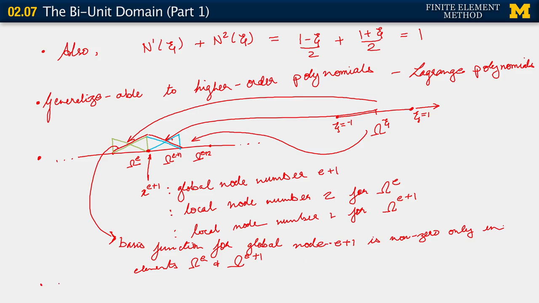So this property is called the compact support property. Compact support of global basis functions.